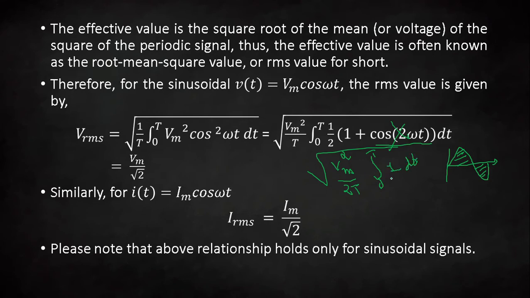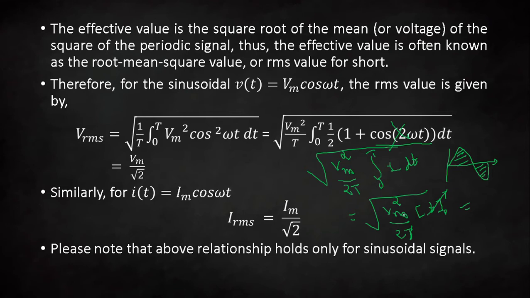Now the integration of 1 with respect to dt will be t, so your next term will be Vm square divided by 2T, where the integration of 1 is t and the limits are 0 and T. Putting in T first, T minus 0 is T only. So this T and this T will cancel out, and finally we get the square root of Vm square by 2.